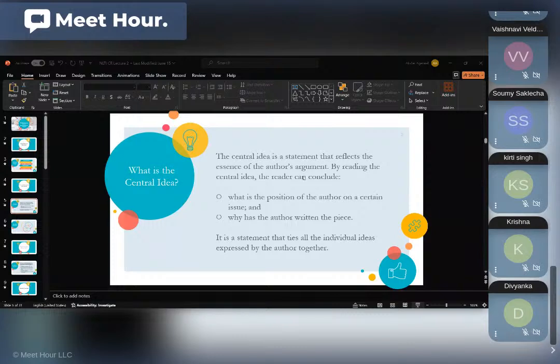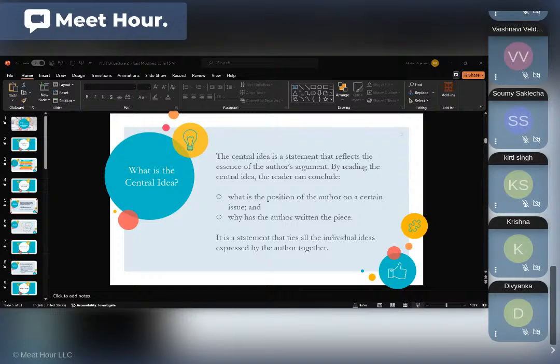The next point is that a central idea is a statement which ties all the individual ideas of the author together. This is what makes the central idea difficult to gauge, because in a passage the author can present multiple ideas, right? But there will be something which is the essence of the author's passage, and that is what we need to spot.